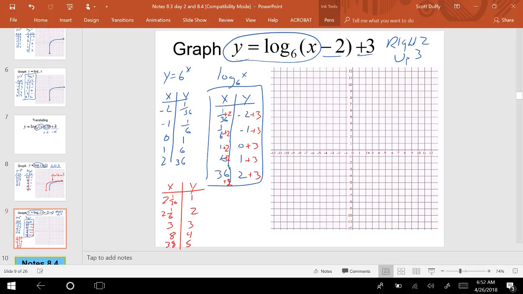2 and a 36th would be right past it, and go up to 1. 2 and a 6th would be just past it also, and go up to 2. 3, 3. 8, 4. 38, 5 would be way off.